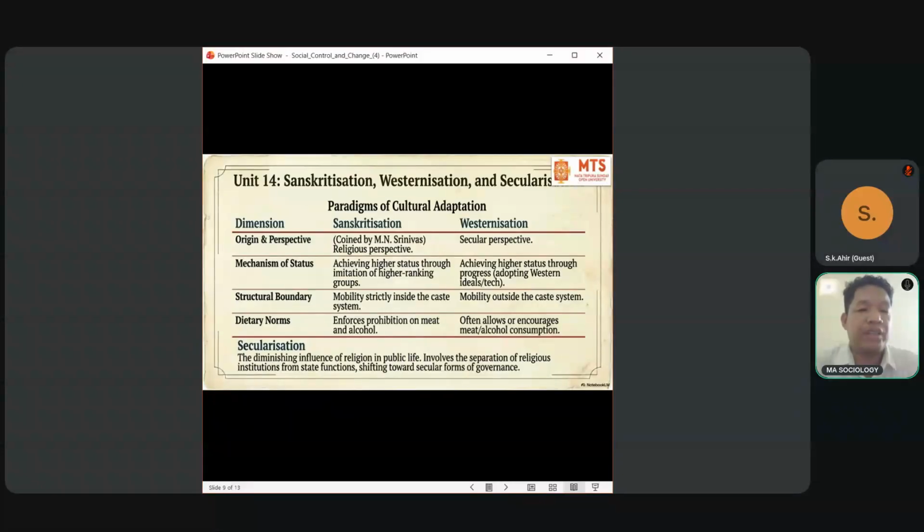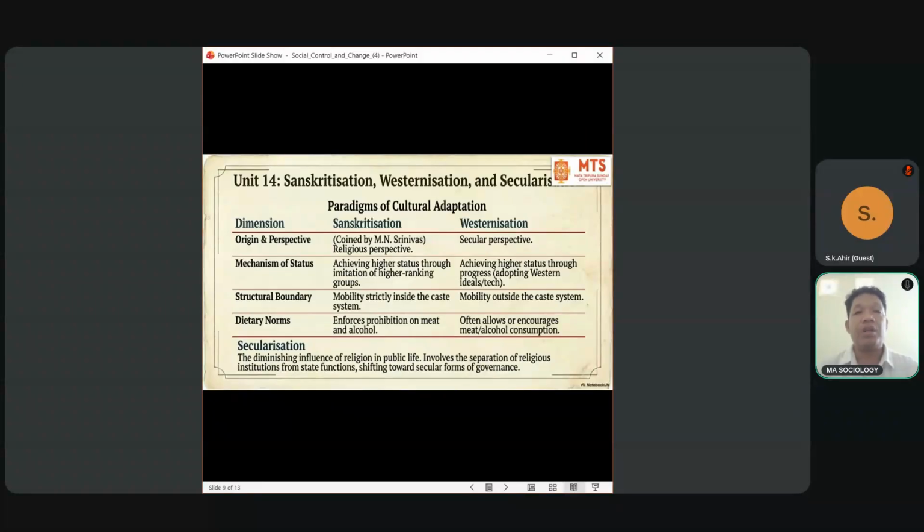If someone wears stylish jeans, a nice tie and coat, we say, "This guy is becoming very Western," because we are referring to Western ideas and knowledge. Westernization is based on a secular perspective, where people are more free to engage in certain works, achieving higher status by adopting Western ideas, technologies and way of lifestyle.